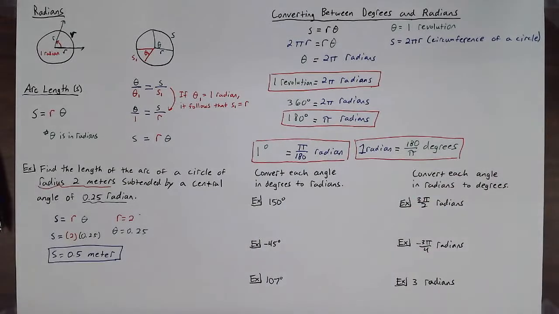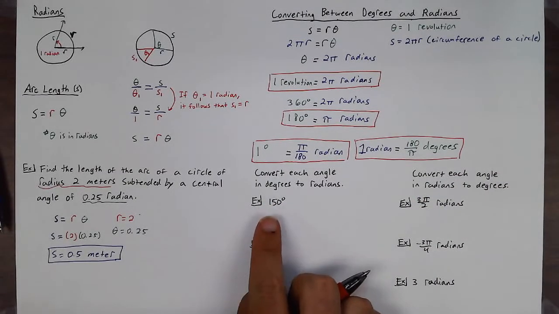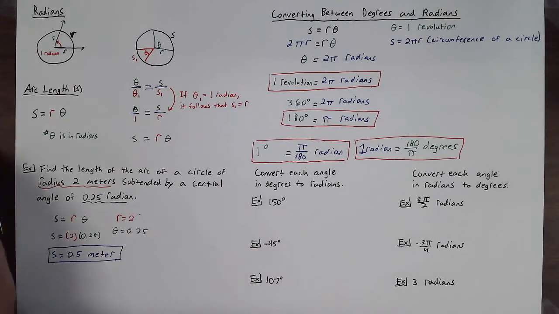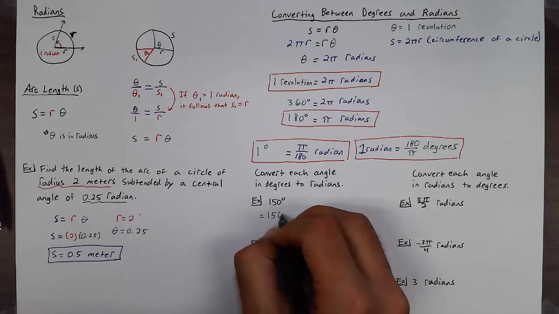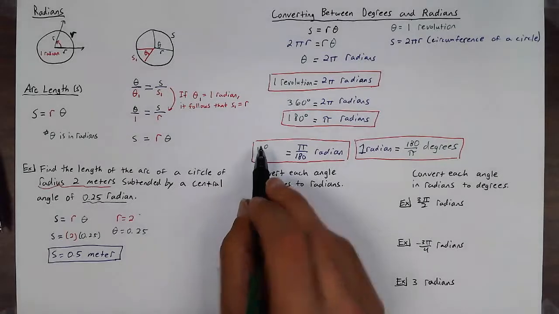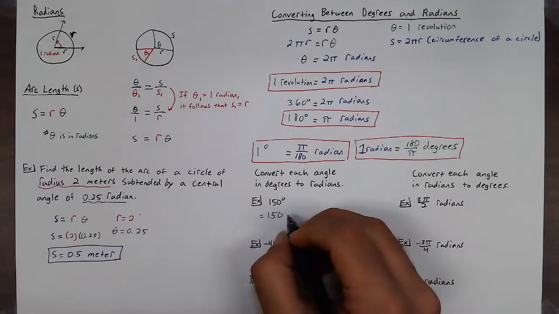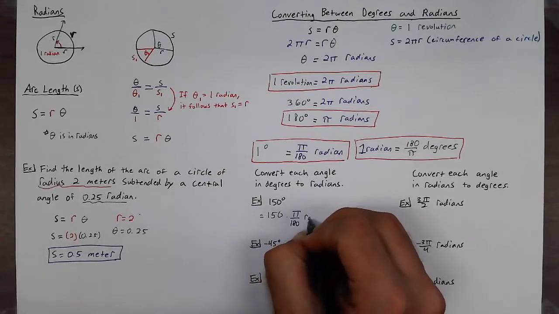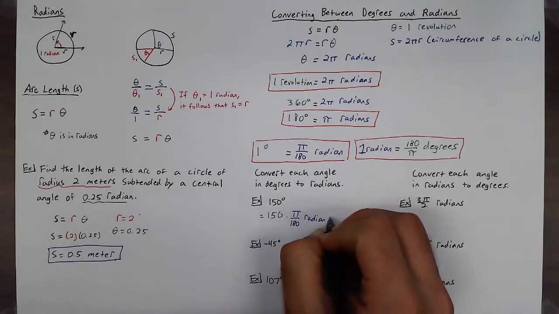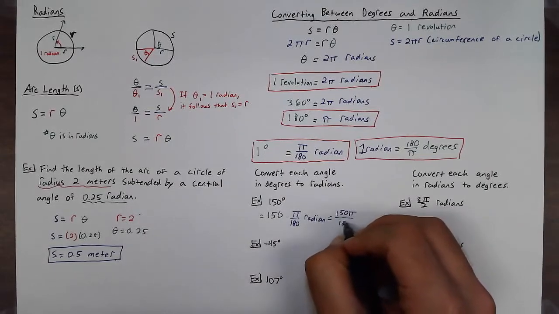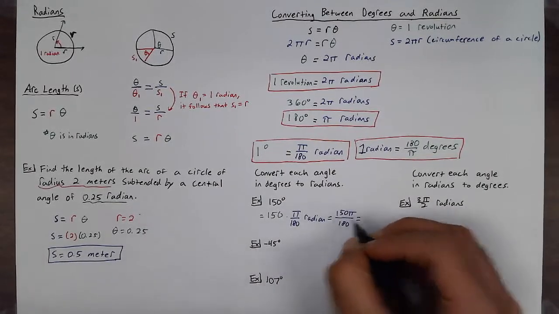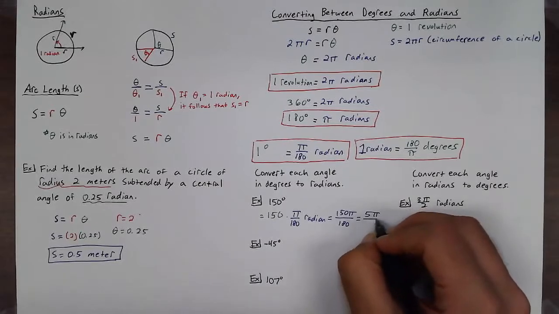So if I want to convert all these angles in degrees to radians, what I would have to do is change that degree symbol. I know that 1 degree is pi over 180 radian, which will give me 150 pi over 180, which can be simplified to 5 pi over 6.